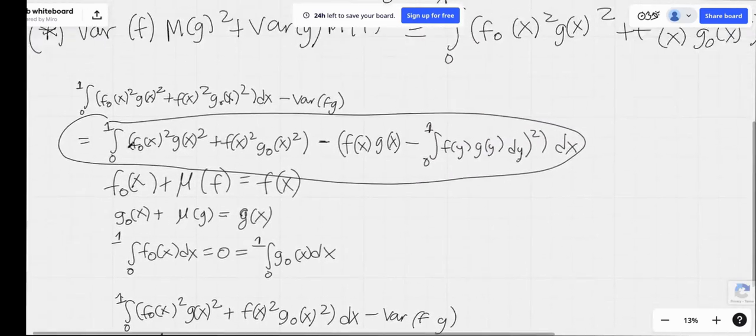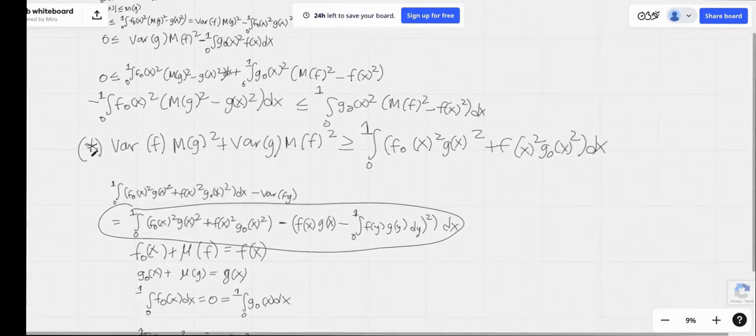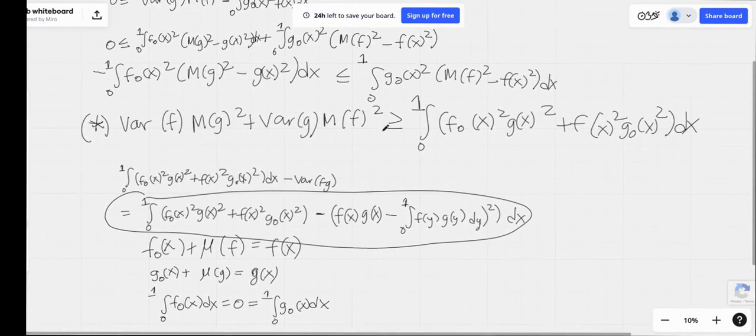Let me just scroll back up. The handwriting has gotten so much smaller, but yeah. So here we have our star inequality.